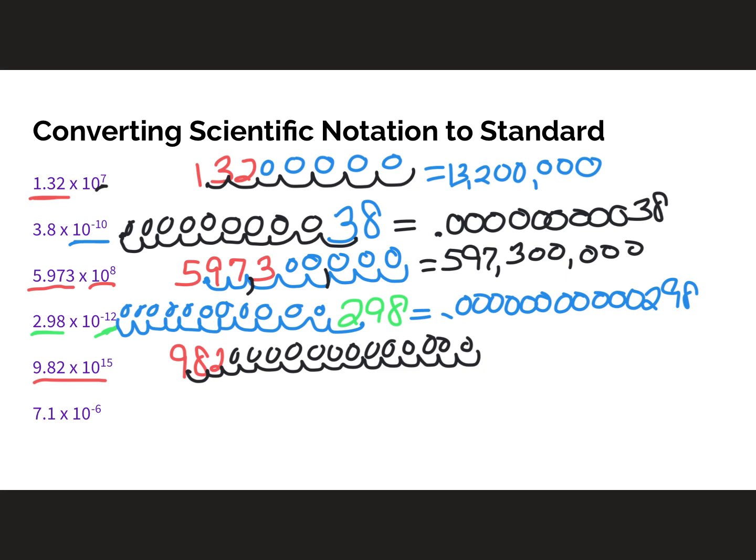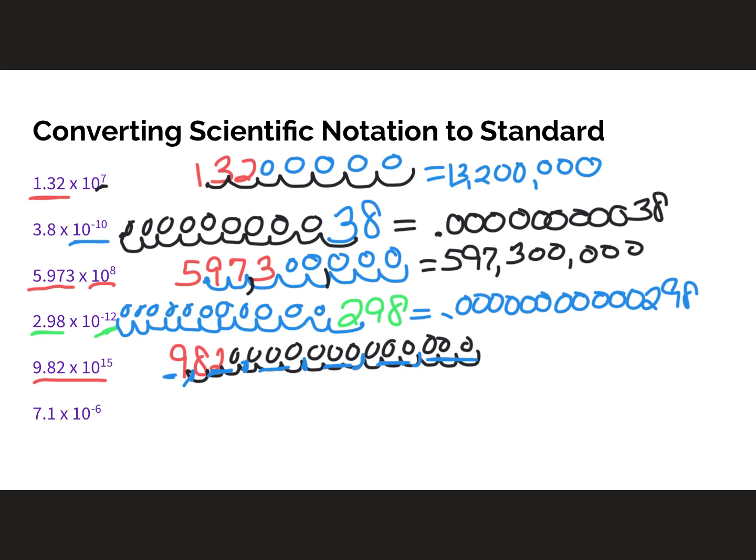So if I put in the commas, comma here, comma here, comma here, comma here, comma here. So this is hundreds, thousands, millions, billions, trillions. So this is 9,820,000,000,000,000,000. That's the number. That's a really big number.